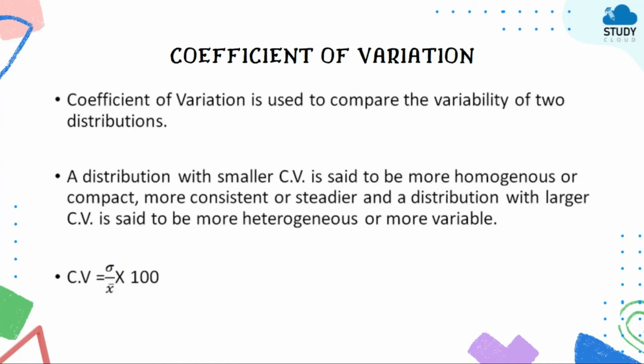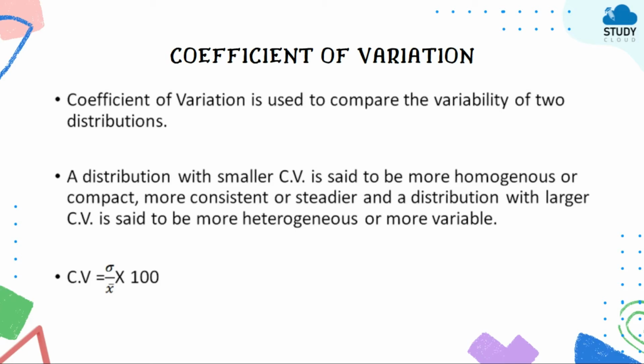The next part, or the last part of this chapter, is coefficient of variation. Coefficient of variation is used to compare the variability of two distributions. Now here two distributions will be given to you. We have to find which distribution is more consistent or which is least consistent.